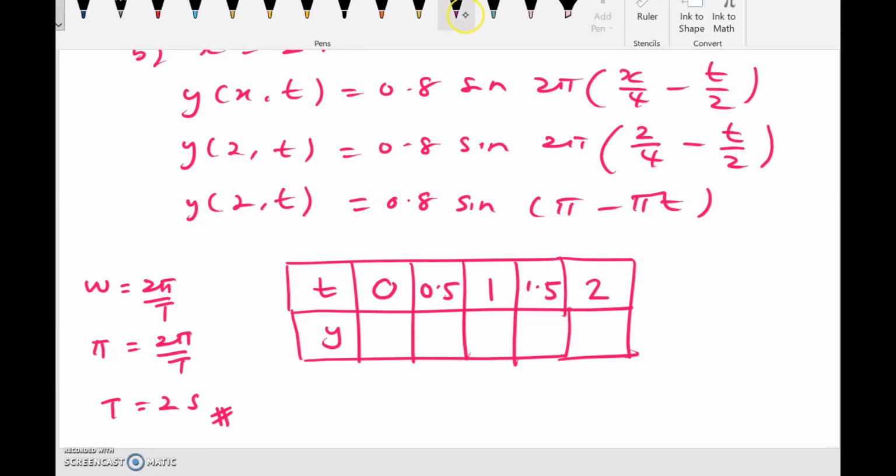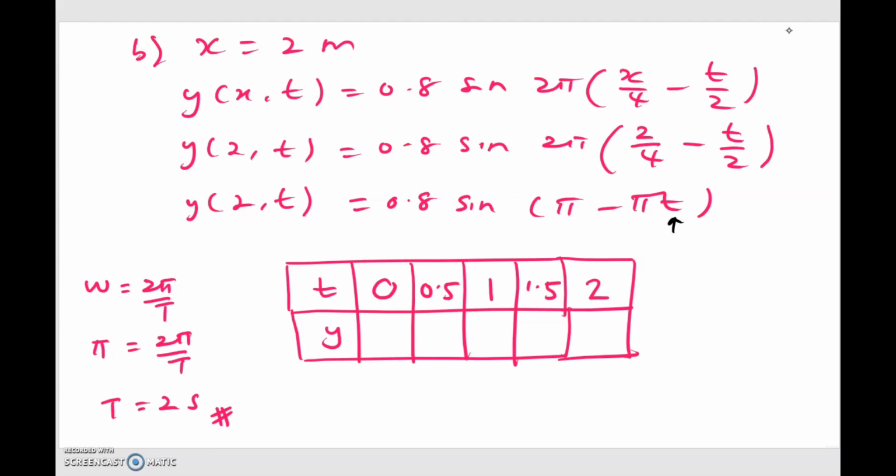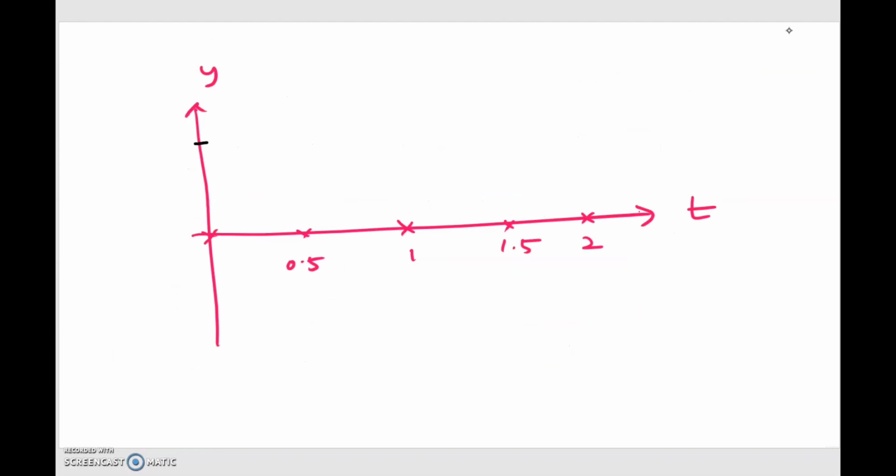So when this t is equal to 0, you press your calculator in radian mode, you have your y is equal to 0. When t is equal to 0.5, you will have your y equal to 0.8. Okay, so then 0, negative 0.8 and 0. So your graph will be like this. Okay, this one is positive 0.8, this one is negative 0.8.